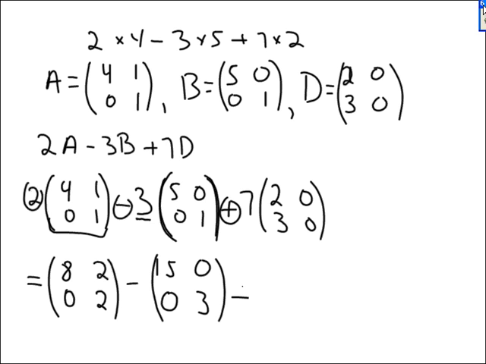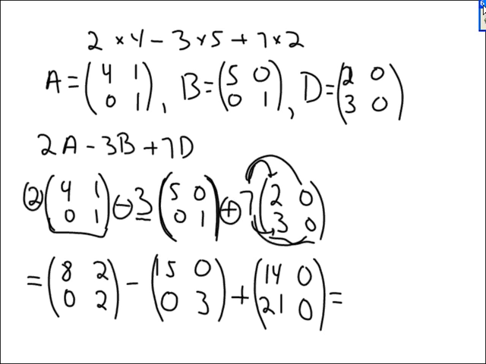Plus, now you multiply the entries of that matrix by 7. 7 times 2, 7 times 0, 7 times 3, and 7 times 0. And you add.